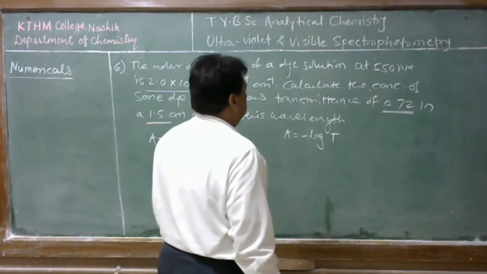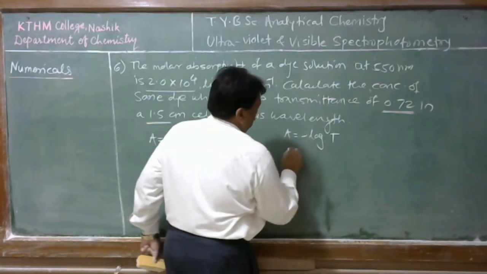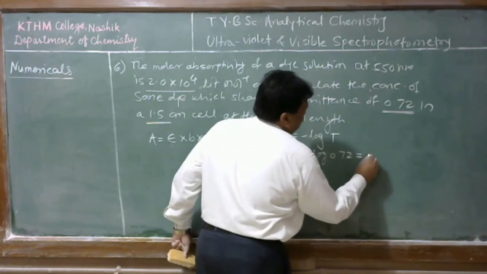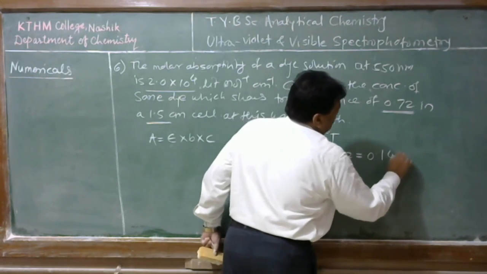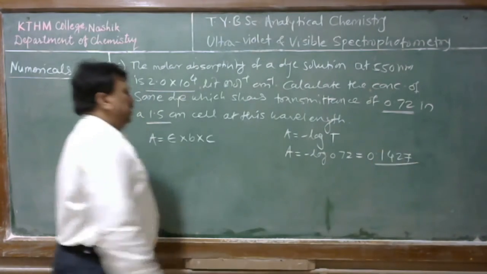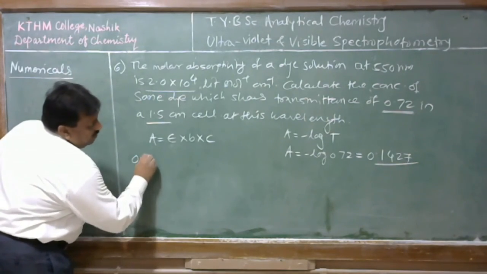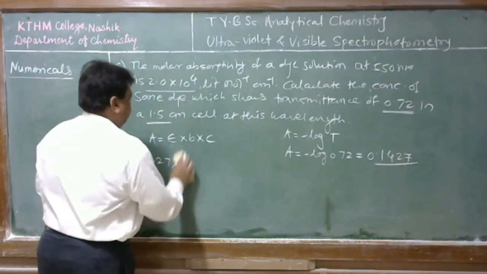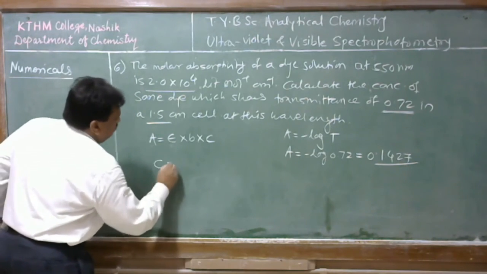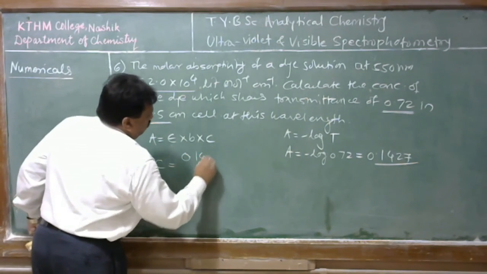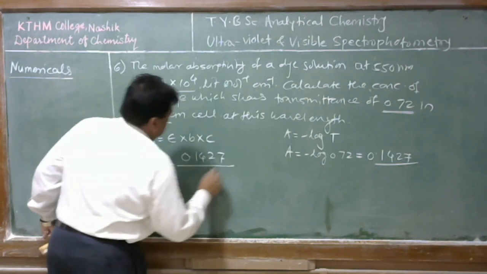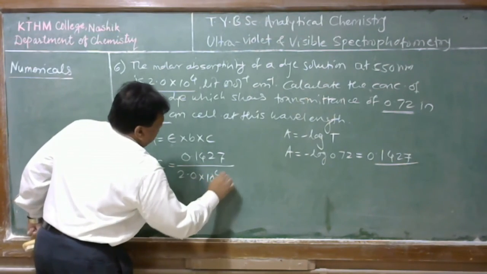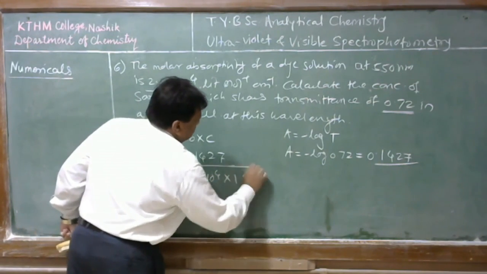Therefore, T is equal to 0.72. Therefore, A is equal to minus log of 0.72, and which is equal to 0.1427. Therefore, C is equal to 0.1427 divided by epsilon, that is 2.0 into 10 raised to 4, into path length 1.5 centimeter.